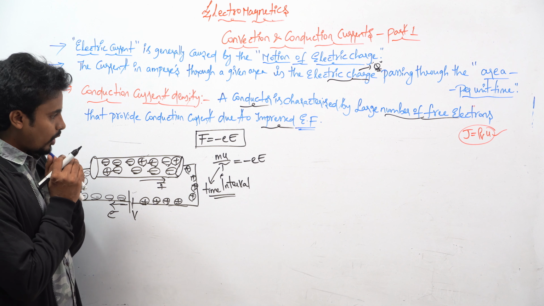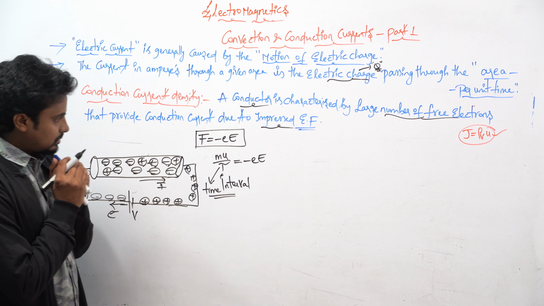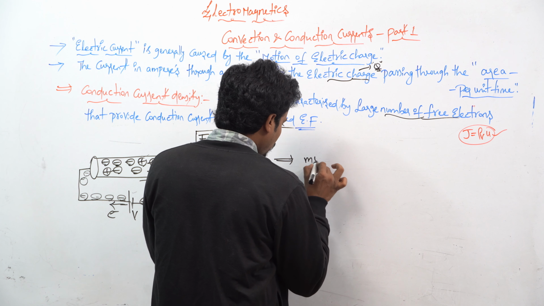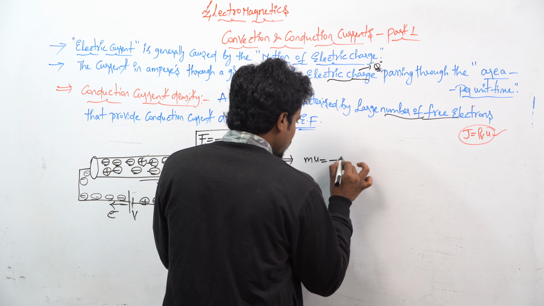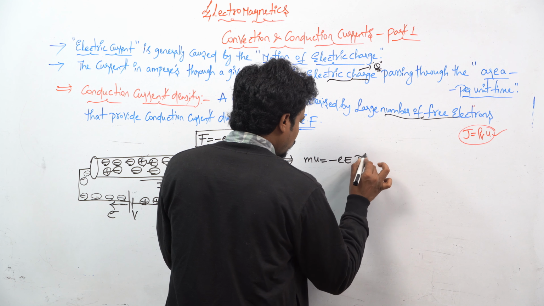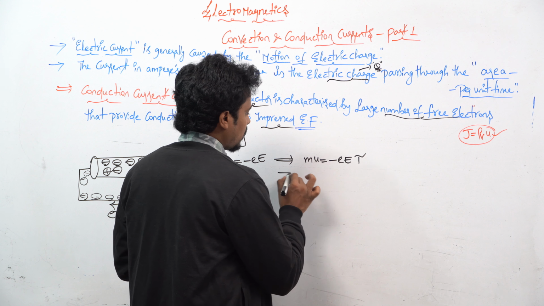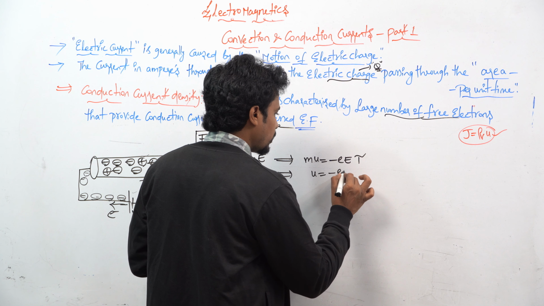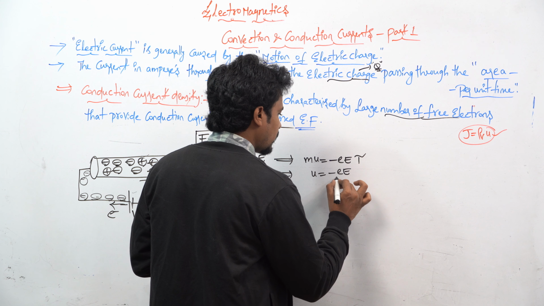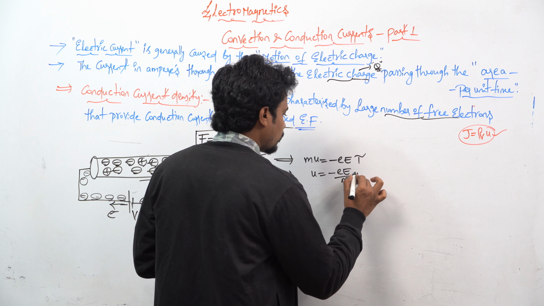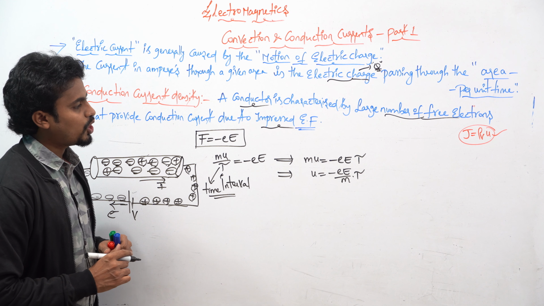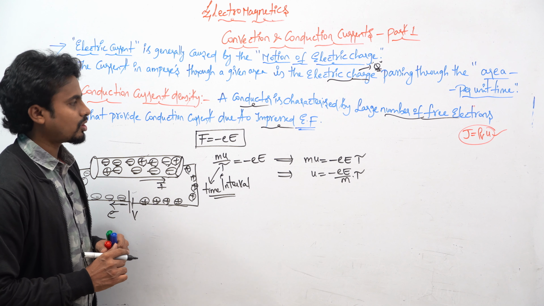Now if you want to find your u, how can you find it? Mu is equal to minus small e into capital E into tau. So u is equal to minus small e into capital E divided by m into tau, right?